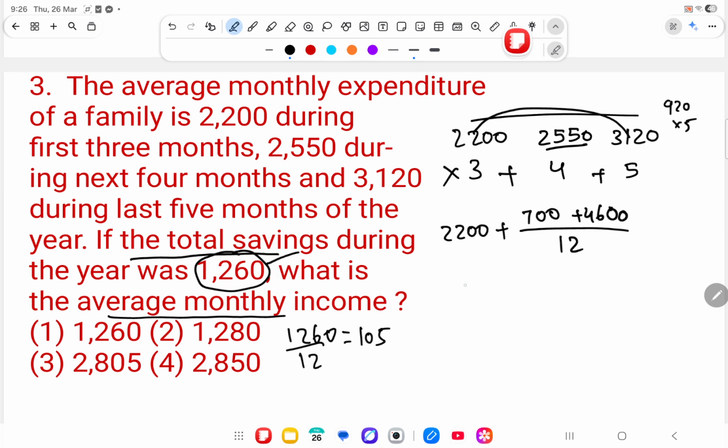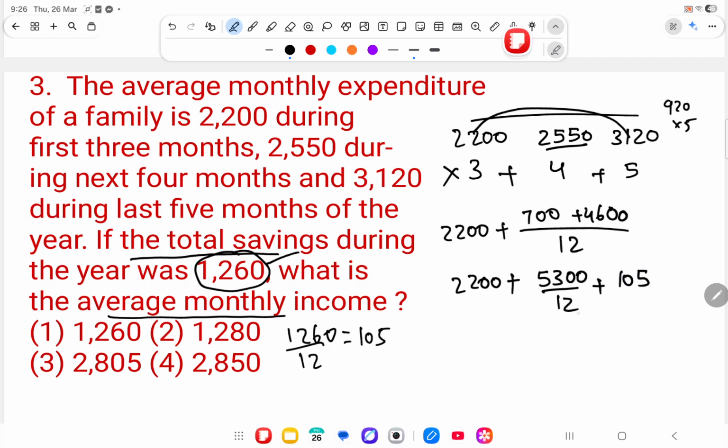Then 2,200 plus 46 plus 7 is 53. Have I did anything wrong? And plus 105.